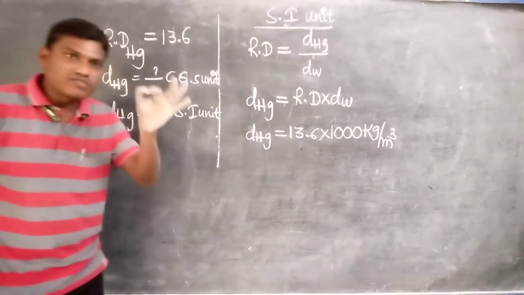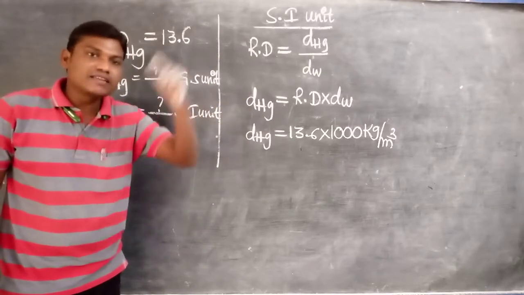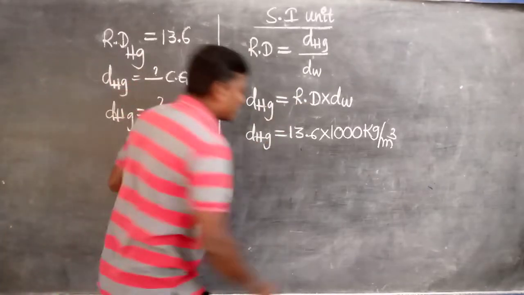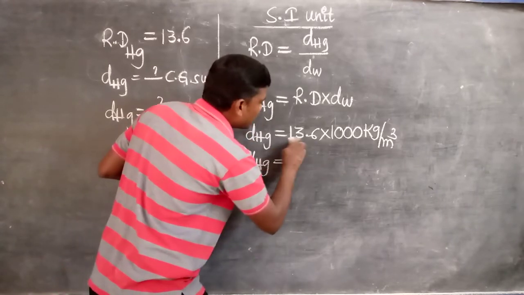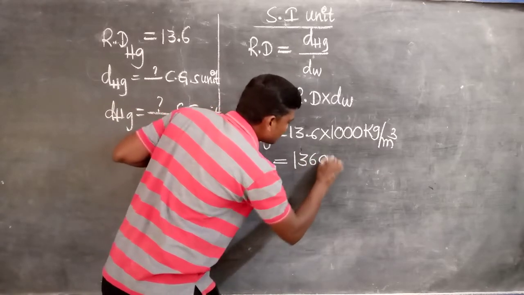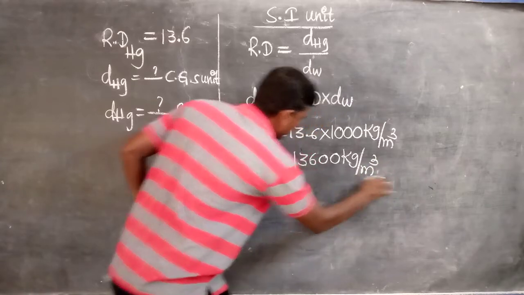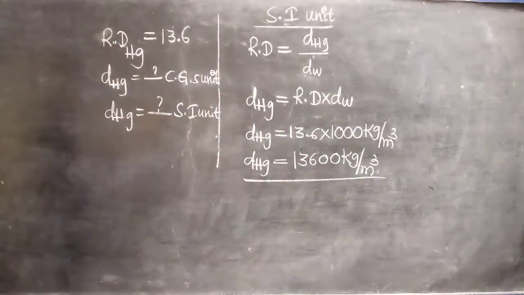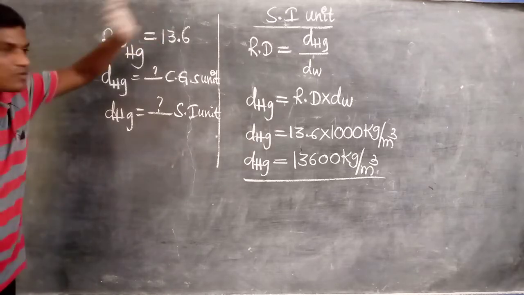So the density of water is 1 gram per cc, and the density of water in SI unit is 1000 kilogram per meter cube. That's why the density of Hg is equal to 13.6 into 1000, which is 13,600 kilogram per meter cube. This is the SI unit of density. Listen very carefully. The relative density of mercury is 13.6.